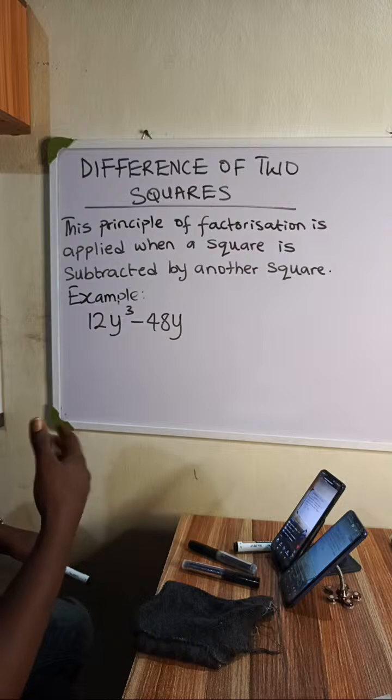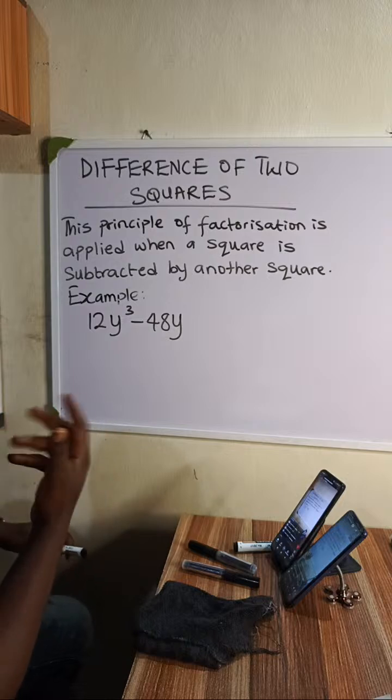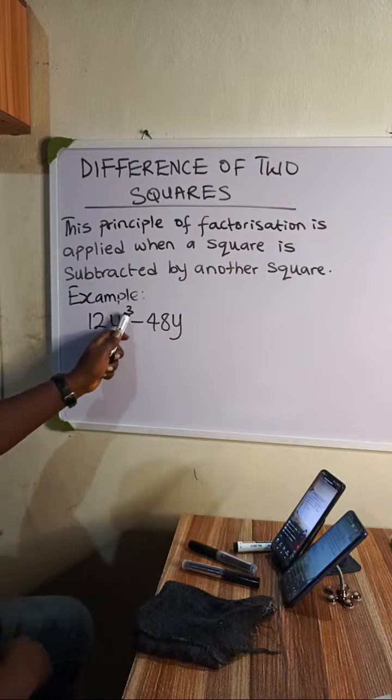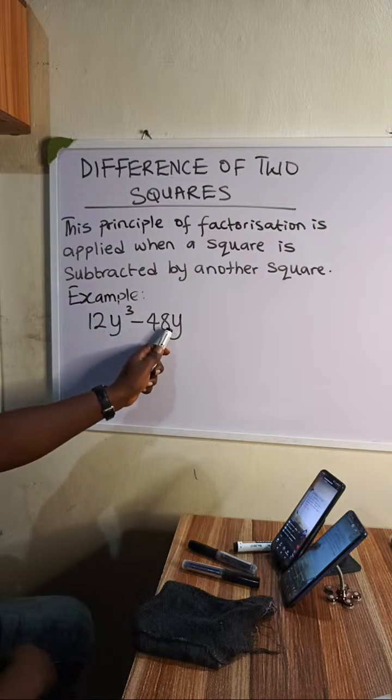Here we are expected to factorize. So let's look at this: 12y to the power of 3 and minus 48y.